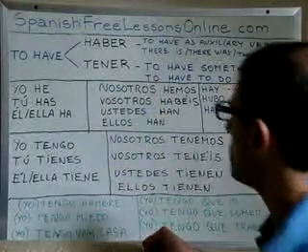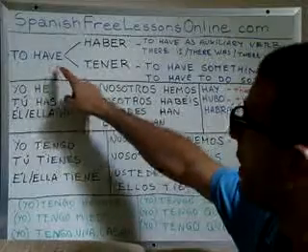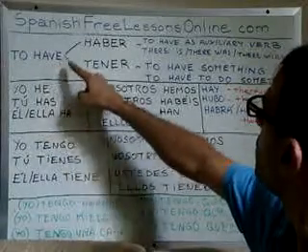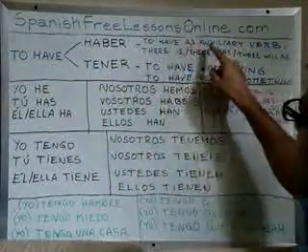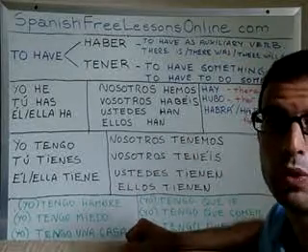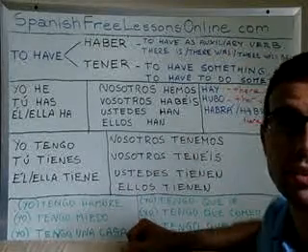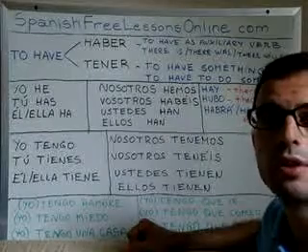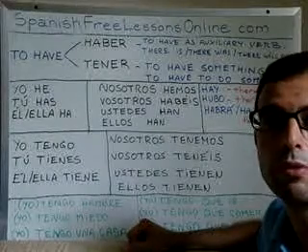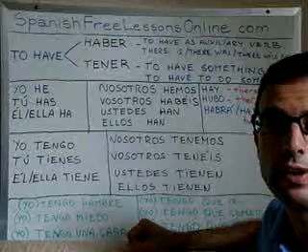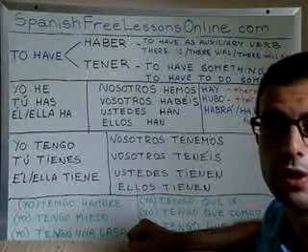So, in English, when we refer to the verb to have as an auxiliary verb, as when we say I have eaten, I have gone, the verb to have there is an auxiliary verb, yes?